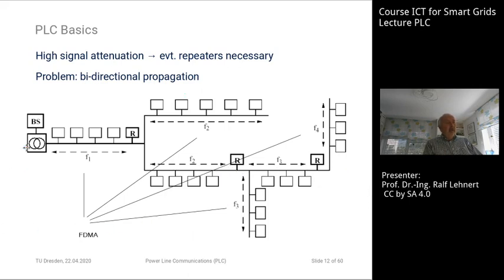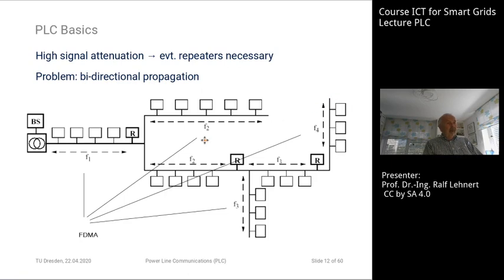So in total, the distance from here to here is eventually a bit too long with respect to the signal attenuation of the high frequency signals on the power line.